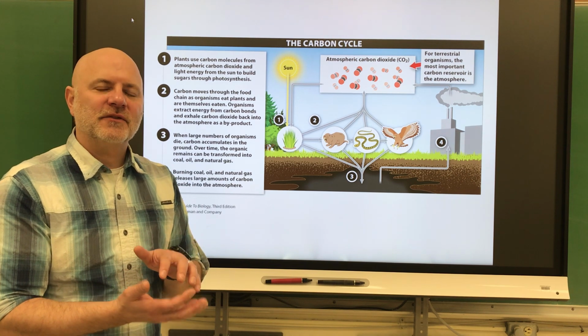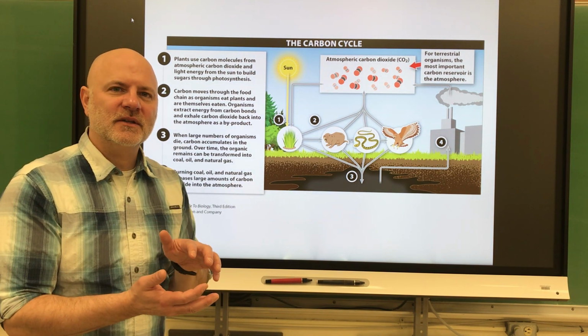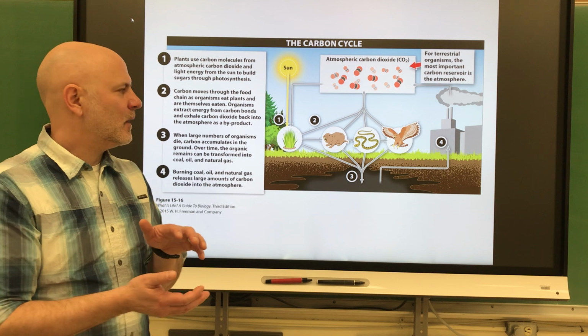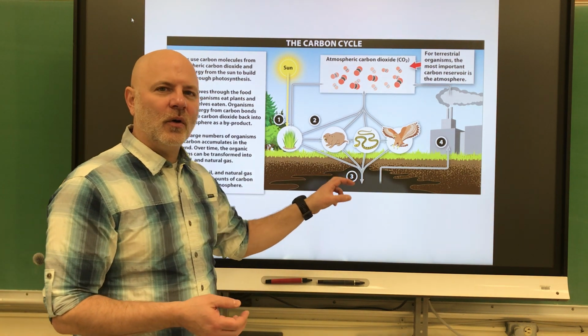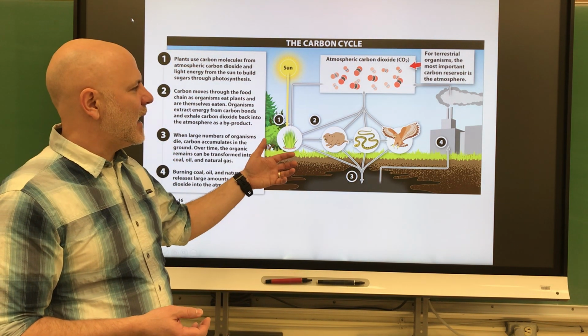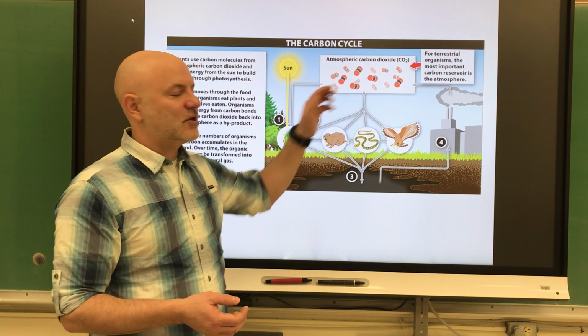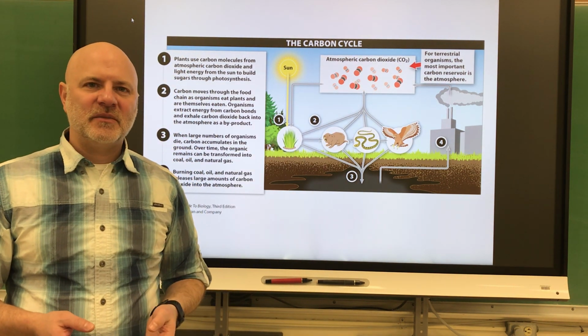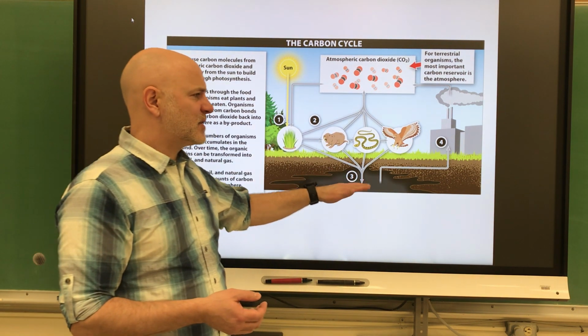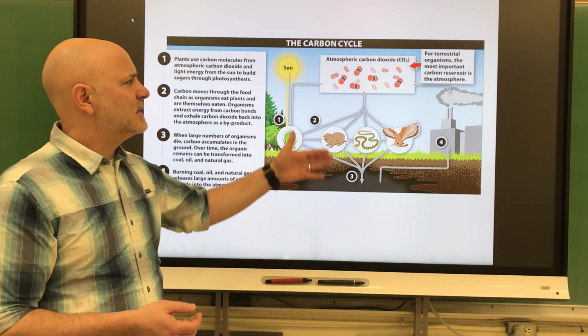And that's why we call it fossil fuels, because it's made from living organisms that once lived in the past. All right? So when we take coal or oil out of the ground and we burn it, that releases carbon dioxide back into the atmosphere. So carbon dioxide that had been sequestered millions of years ago is now released.